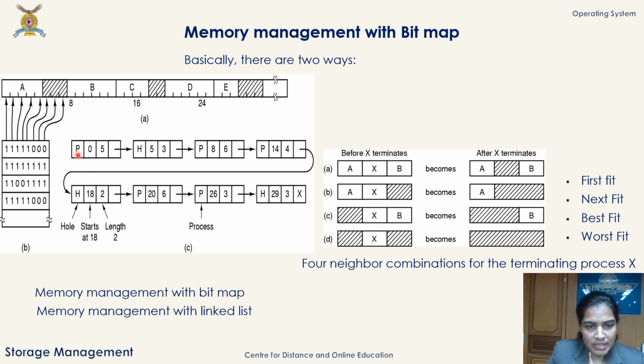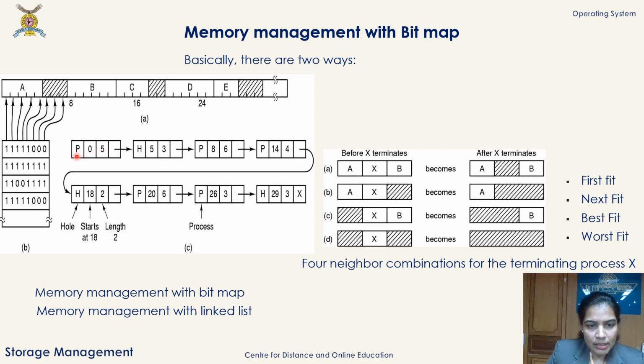If there is a process, that node will be indicated with P. The second part denotes the starting point, and the third part denotes the length of that particular process. The nodes are linked with the help of pointers.